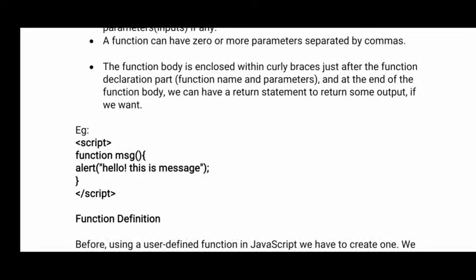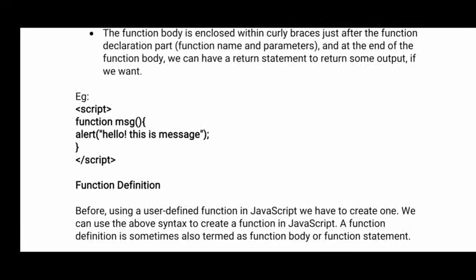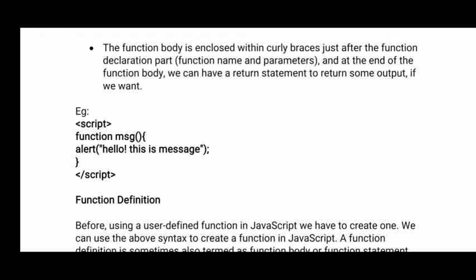But if there is more than one parameter, they should be separated by a comma. Now the next one is the function body. The function body is enclosed in curly braces. Whatever you are writing inside the function should be between the opening and closing curly braces. That is called the function body.